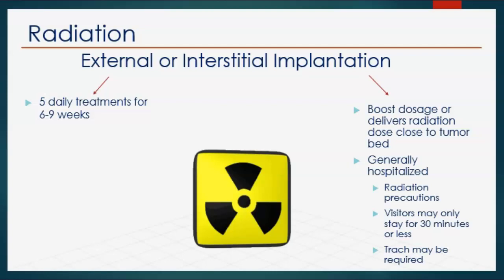So this is implantable. So when they get this brachytherapy, they stay in the hospital. They can have visitors, but for no more than 30 minutes. They're in a private room, which most rooms are private these days anyway. A tracheostomy may be required.